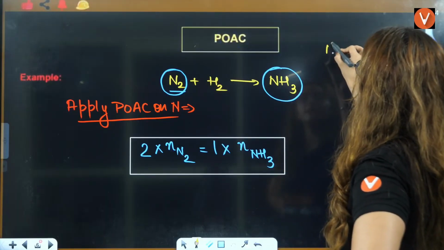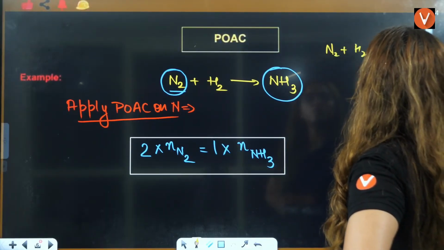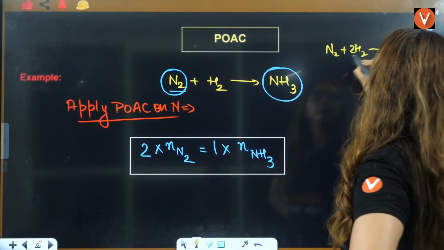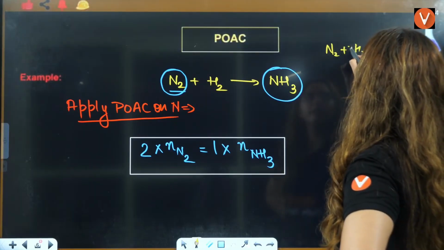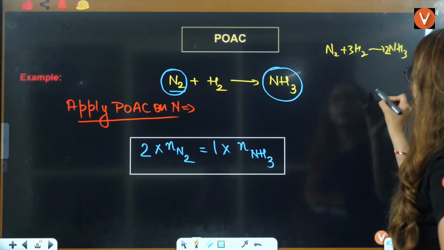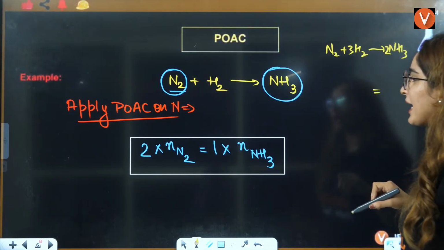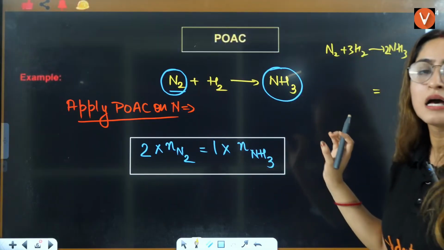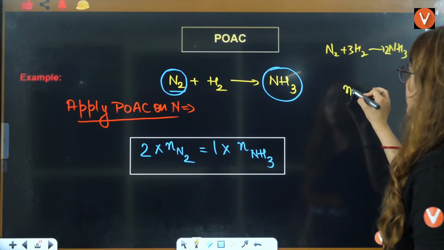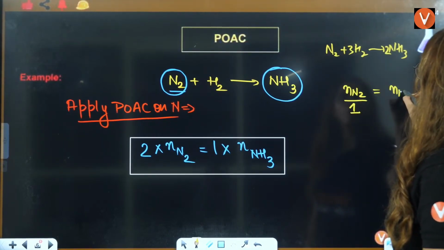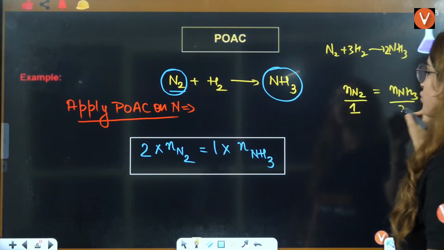If you balance it, it is N2 plus H2 gives rise to NH3. If you balance it, it will be 2 here. No, it will be 3 here. It will be 2 here, right? When you balance, when you try to equate the number of moles of nitrogen and the number of moles of NH3, it will be the number of moles of nitrogen divided by its stoichiometry, equal to the number of moles of NH3 divided by its stoichiometry.